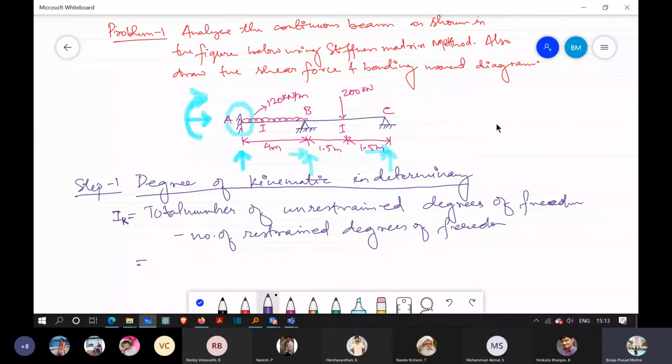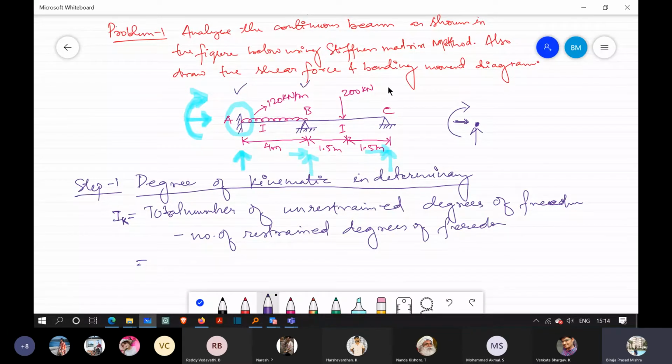See, whenever I take a beam element or any node, or any joint, at any joint we have 3 degrees of freedom. One is a vertical movement, a horizontal movement, and one rotation. So at every joint we have 3 degrees of freedom. This means that we have 3 degrees of freedom here, 3 here, 3 here.